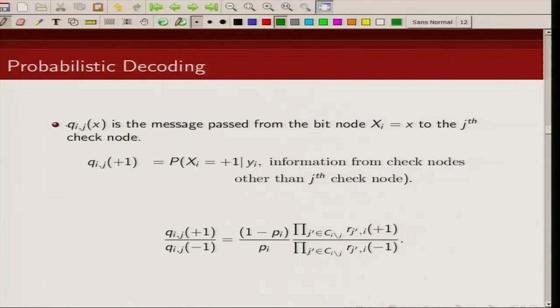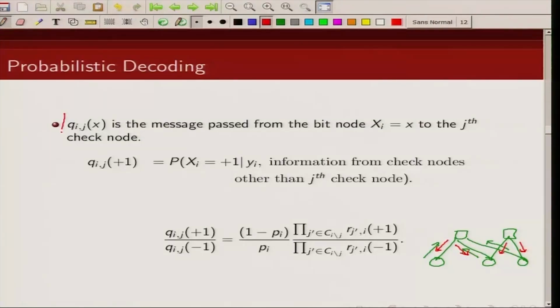If I draw any Tanner graph, let us say some graph I am drawing, there is one set of messages which is going from the message nodes to the check nodes, like this, and another set of messages which is coming from the check nodes to the message bits.